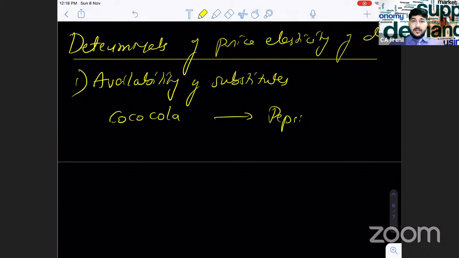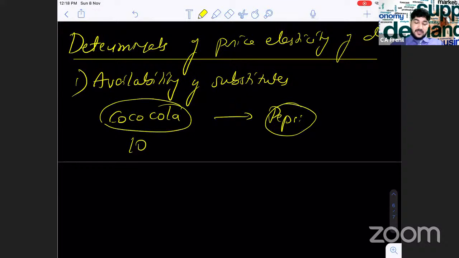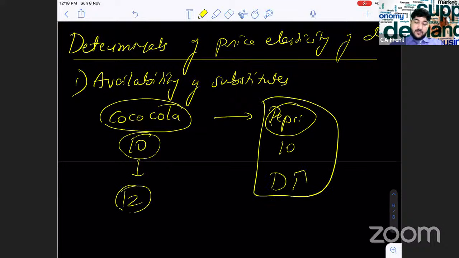A change in the price of such a commodity, with the price of the substitutes remaining constant, can be expected to cause quite substantial substitution. For example, if I am selling Coca-Cola at 10 rupees and Pepsi at 10 rupees, and Coca-Cola's price increases to 12, the demand for Pepsi will go up. Why? Because it's a very close substitute.